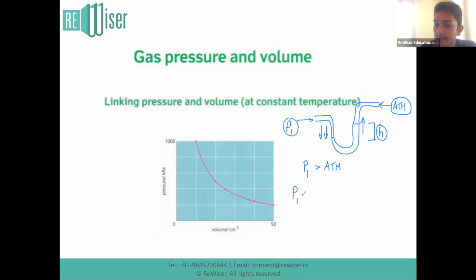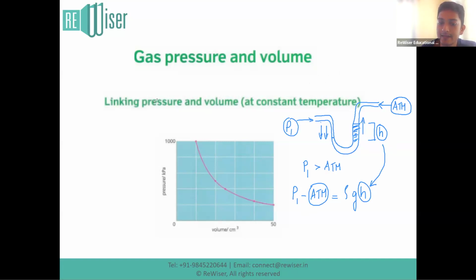So P1 minus the known value of atmospheric pressure will be equal to rho G H. Sorry, rho times G times H. This H value is the difference in the height of the levels of the liquid on either side of the U tube or the column. So using this, I can measure P1 because ATM is a known value, rho, the density of the liquid, is a known value, G is a constant, and H is a value that is measured and evidently known. This is how a manometer works.